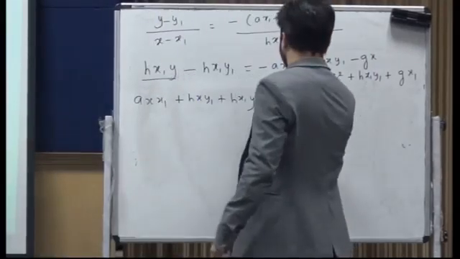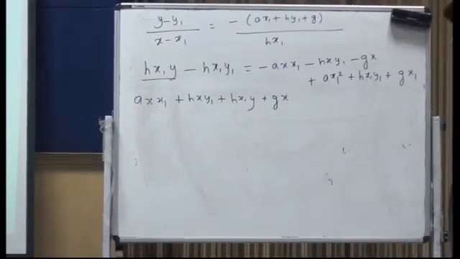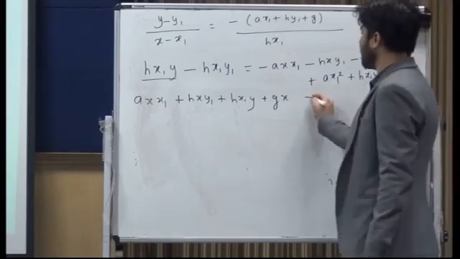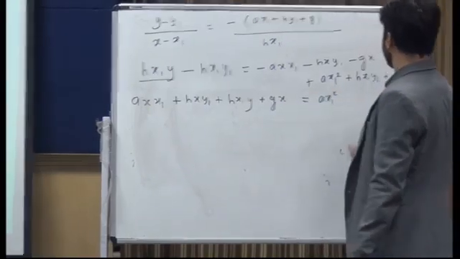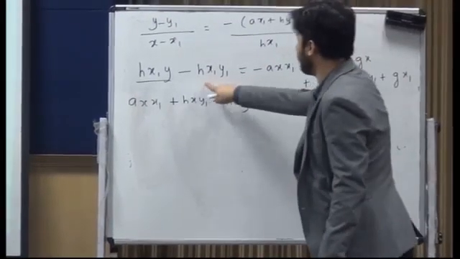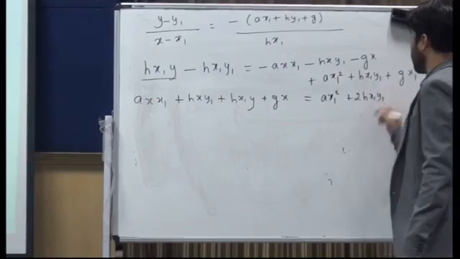ये ऑलरेडी है h x1 y प्लस gx, राइट? और इधर क्या आ जाएगा? ax1 स्क्वायर, ये माइनस h x1 y था, ये h x1 y था, तो क्या बन जाएगा? राइट?